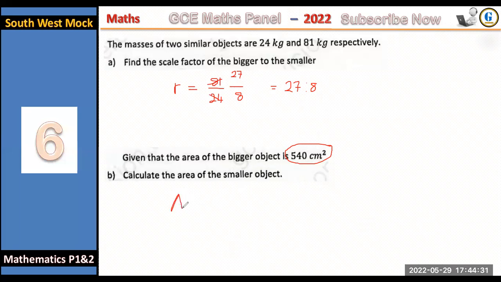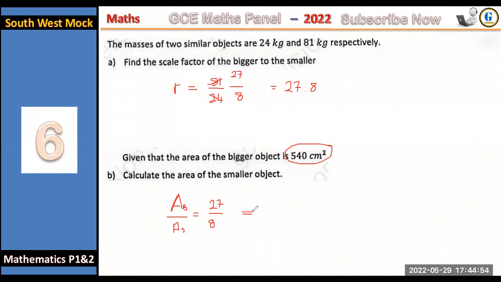From there, we know that area of big divided by area of small should be equal to our scale factor. The scale of the bigger one is 27, and for the small one, over 8. So from here, we can calculate the area of the smaller one.